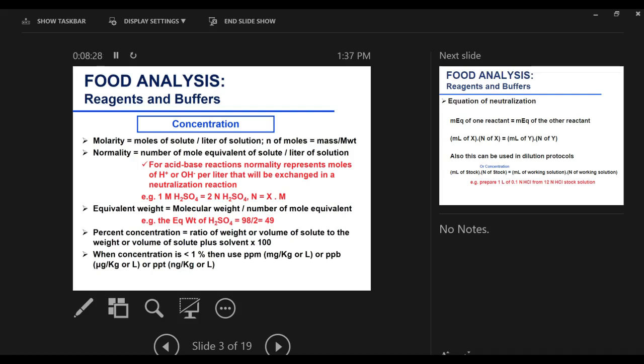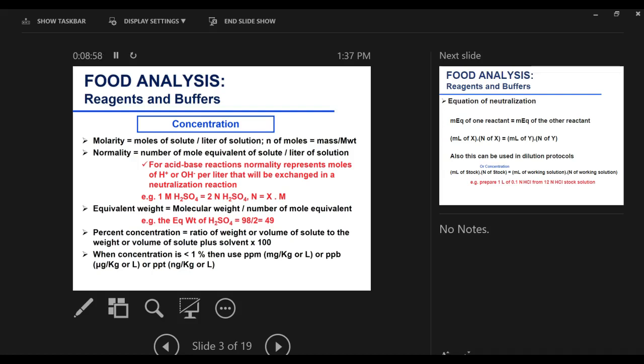So that means you have 2 mole equivalents. So the number of mole equivalent is 2. When you have HCl, hydrochloric acid, 1 proton, your number of mole equivalent is 1. If it's not acid-base, it would be the electrons transferred during a chemical reaction. So that would be the number of moles equivalent of the solute.